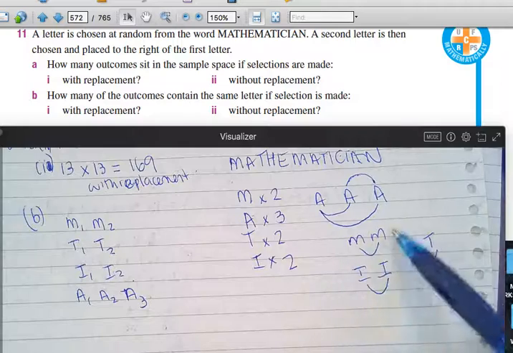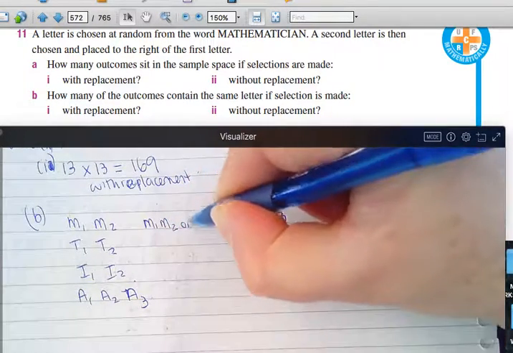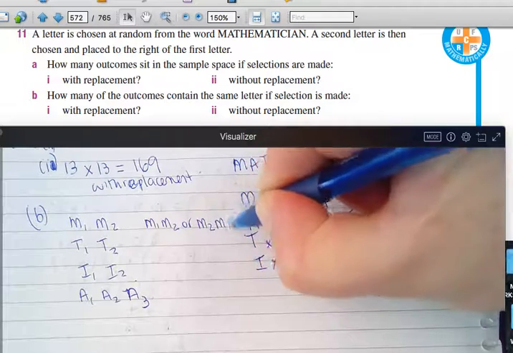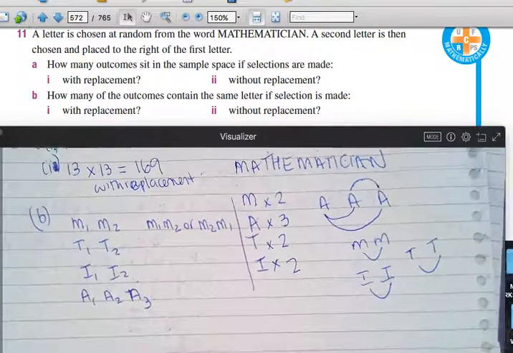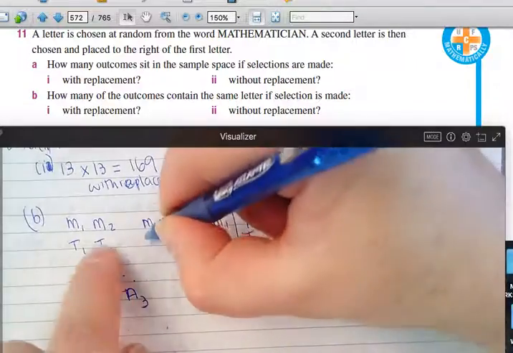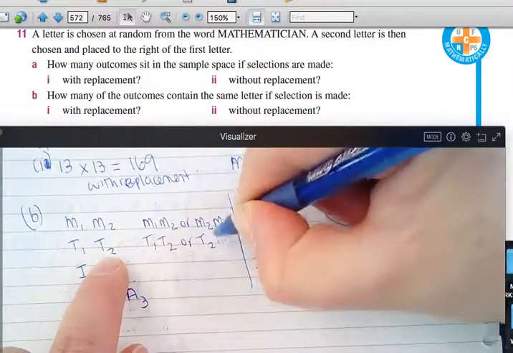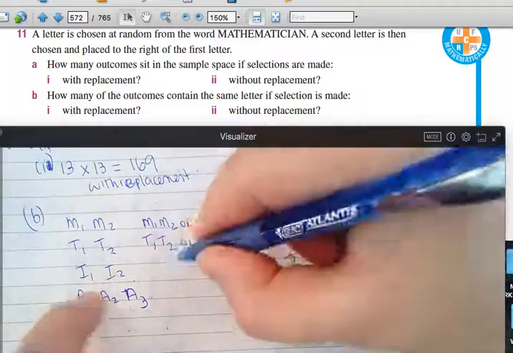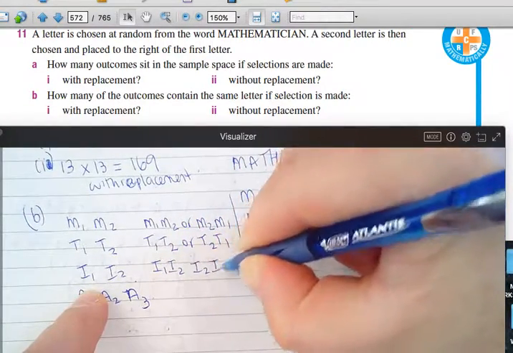I know we could have an M and an M, but couldn't you pick up M1 first and then M2? Or you could pick up M2 first and then M1. And that's why the answer's 12 and not 6. I could pick up T1 first and then T2, or T2 and then T1. And same with I1, I2, I2, I1.